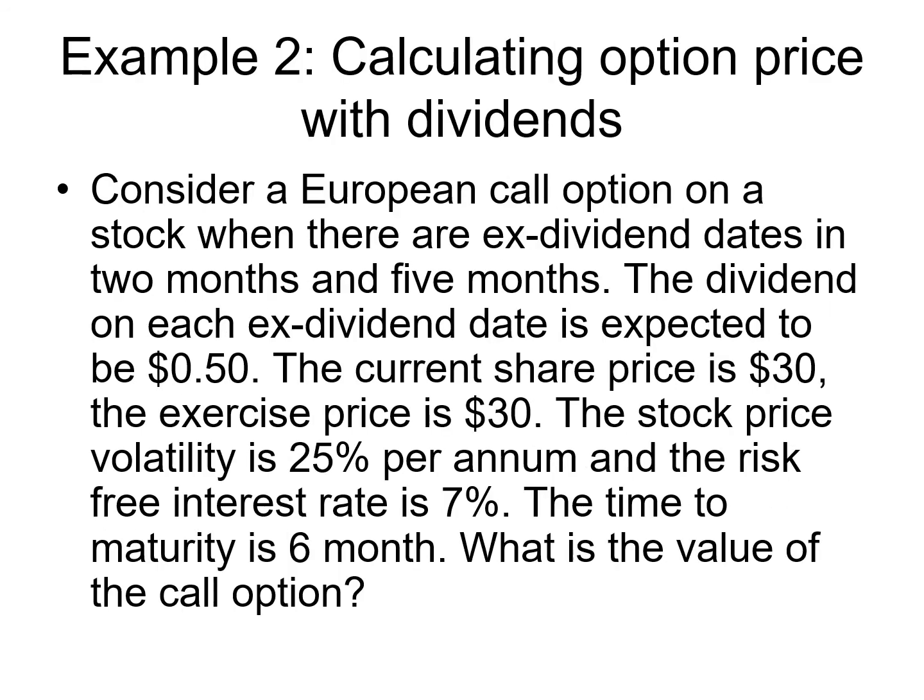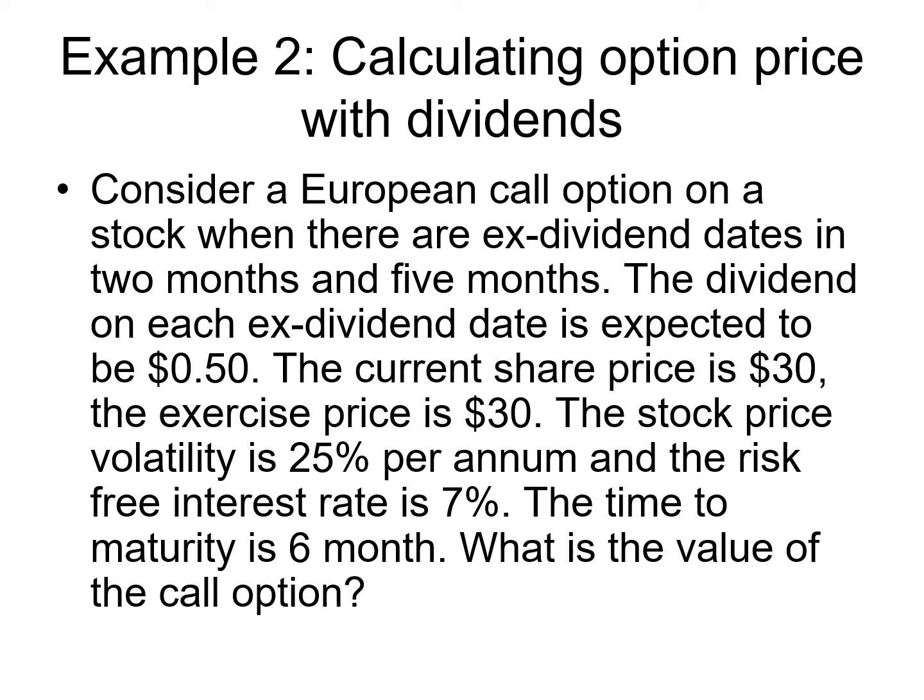Example 2. Calculating option price with dividends. Consider a European call option on a stock when there are ex-dividend dates in 2 months and 5 months. The dividend on each ex-dividend date is expected to be $0.50.